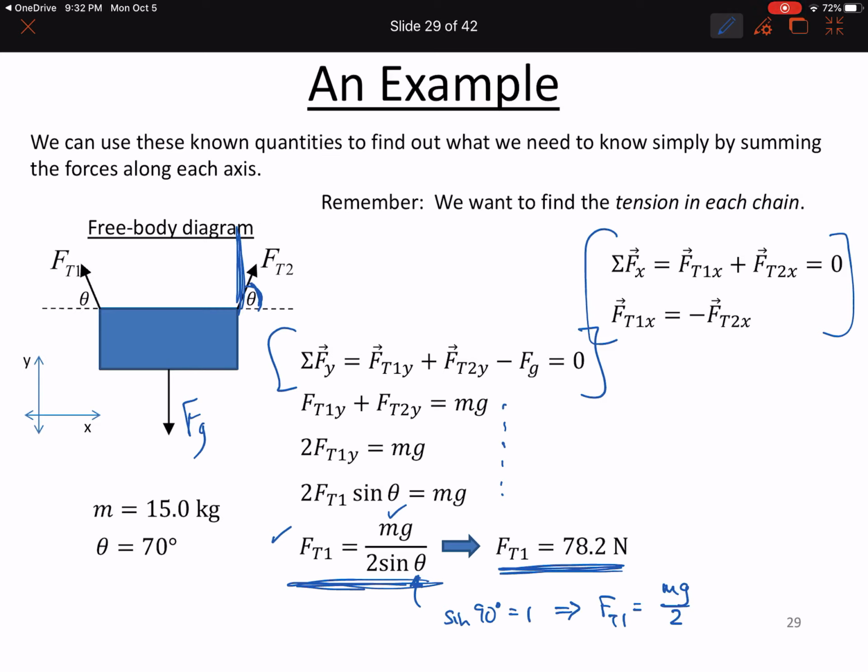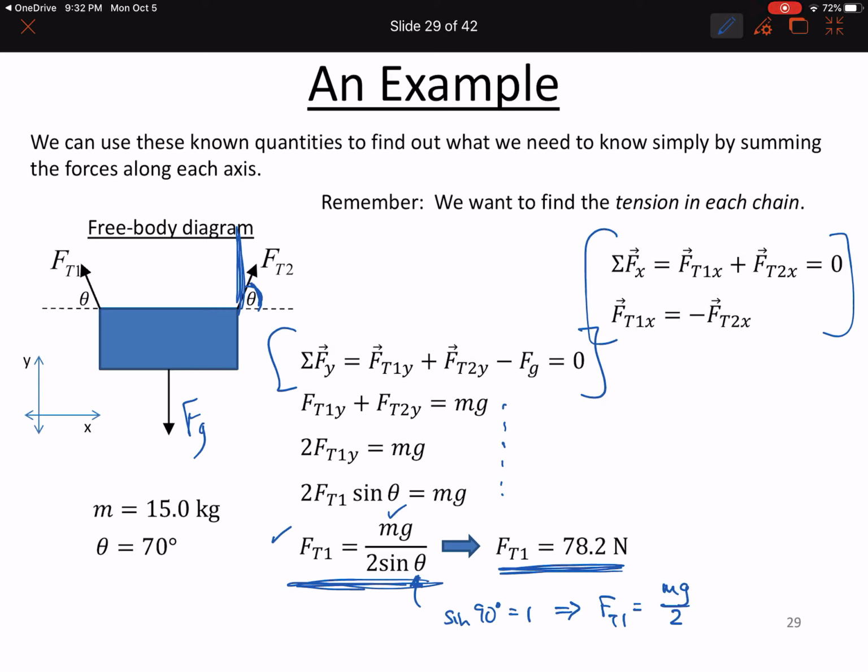What happens if we take theta and go towards 0 degrees? In other words, we mount the chains such that they're coming off at a shallower angle, really close to horizontal. What happens then? Well, sine of 0 degrees is just 0.